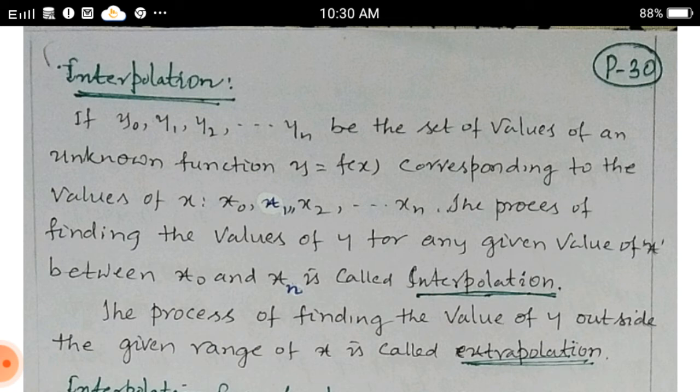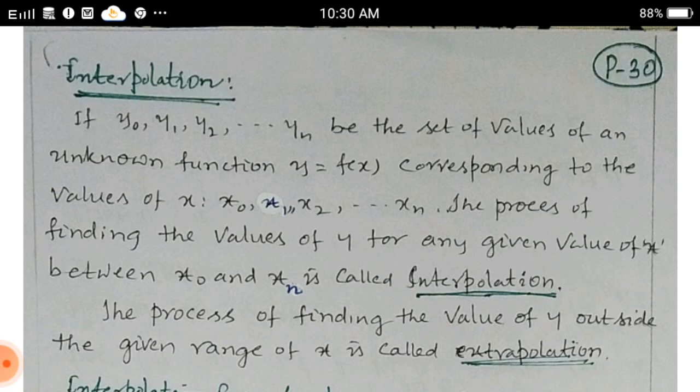So corresponding to the values of x, we get the functional values, those values of y. The difference in the functional values of f of x at two different points is called the finite difference of f of x in the interval a comma b. Okay, that is the definition of the finite difference.